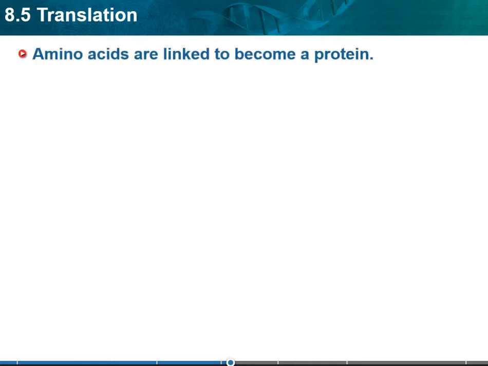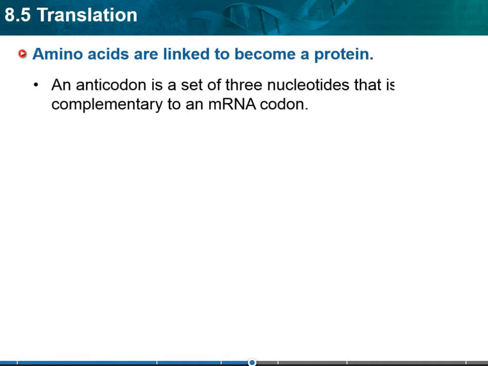When we are bringing amino acids in, there's going to be something called an anticodon. The anticodon is on the transfer RNA. The anticodon is a set of 3 nucleotides that is complementary, or opposite. Anti is against, so it's opposite of the messenger RNA codon.